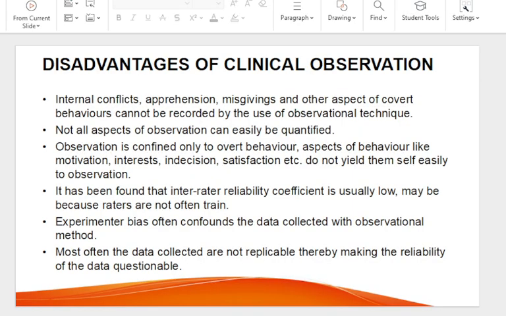One of the first disadvantages of clinical observation is that the internal conflicts, apprehensions, and misgivings, aspects of covert behavior, cannot be recorded using observational techniques. Now, you cannot observe internal conflicts or the client's apprehension or misunderstanding that might be going on inside.